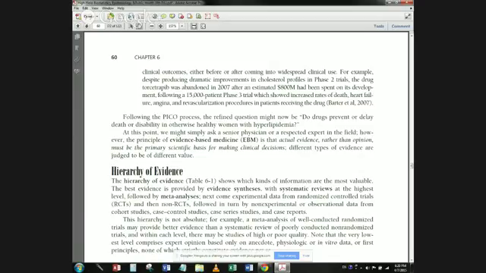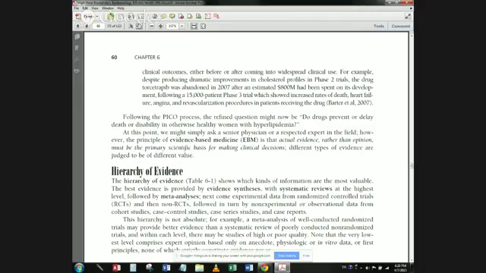For example, despite producing dramatic improvements in cholesterol profiles in phase 2 trials, the drug torcetrapib was abandoned in 2007 after an estimated $800 million had been spent on its development, following a 15,000 patient phase 3 trial which showed increased rates of death, heart failure, angina, and revascularization procedures in patients receiving the drug, done by the study by Barter and colleagues in 2007.